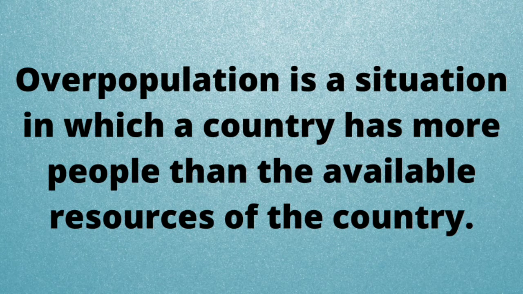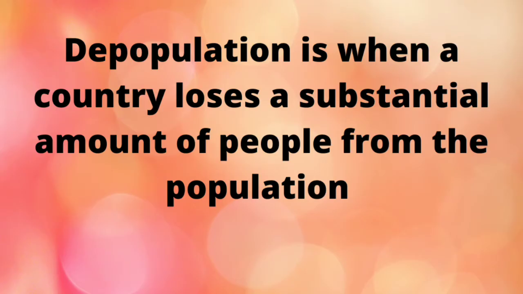At this point, I think it is important to note that if the population increases to a point where the government or the country is unable to manage, meaning that the population has gotten too large, we refer to this as overpopulation. While if the population decreases substantially, we refer to this as depopulation.